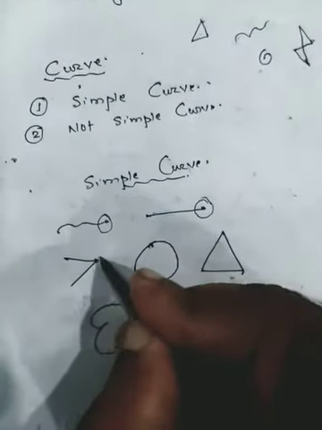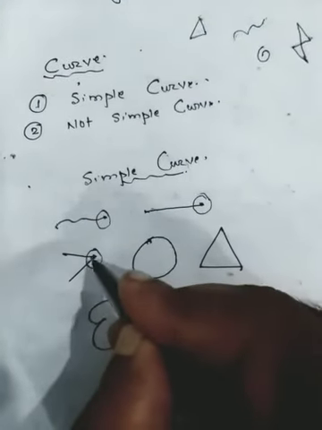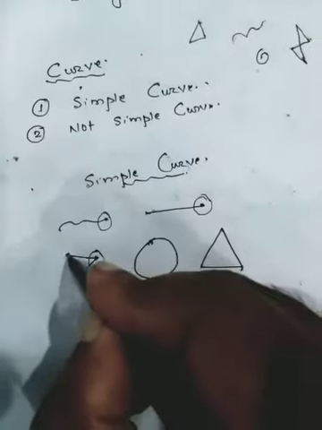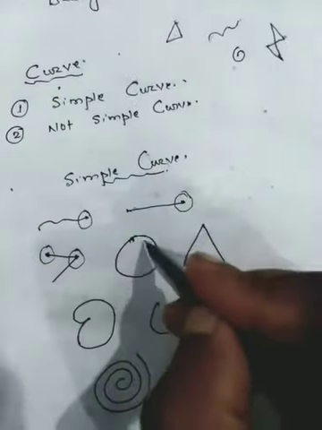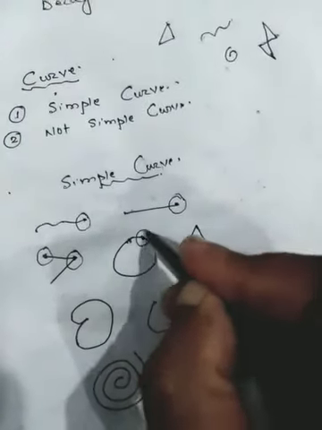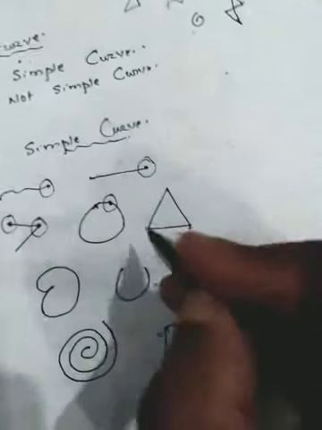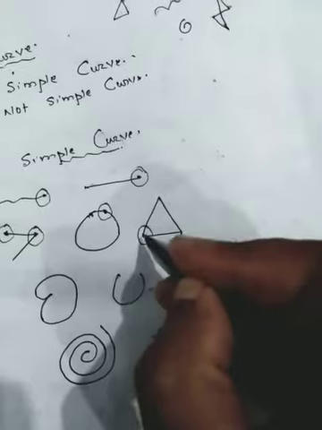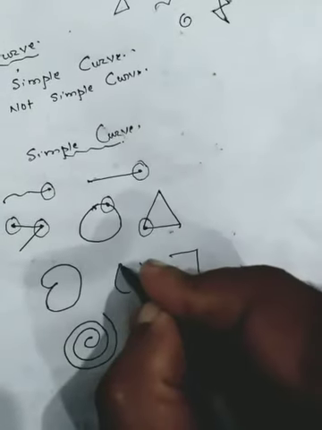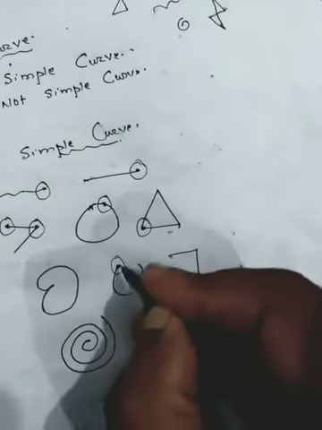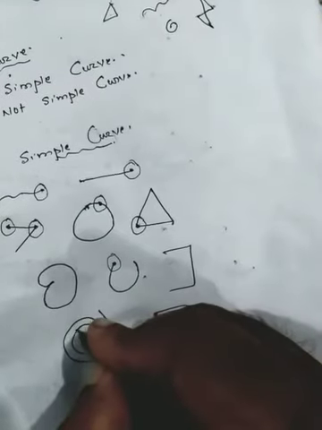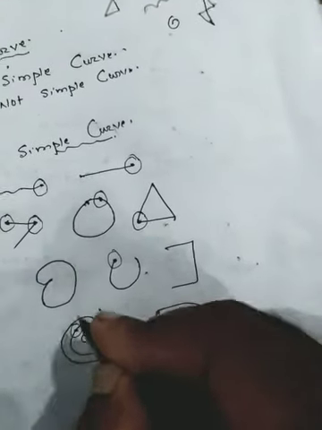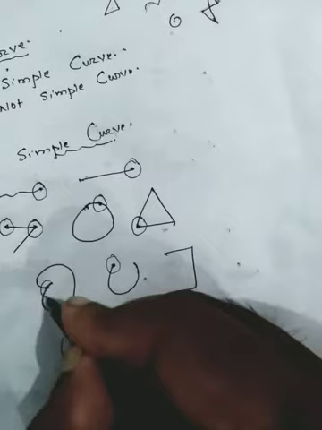If I take this point, students, how many curves are coming? 2, isn't it? If I take this point, how many curves are coming? 1. If I take this point, how many curves? 1, 2. If you take this point, students, how many curves? 2, isn't it? If I take this one, how many curves? 1. If I take this particular point, how many curves? 1, 2. If I take this point, 1, 2.